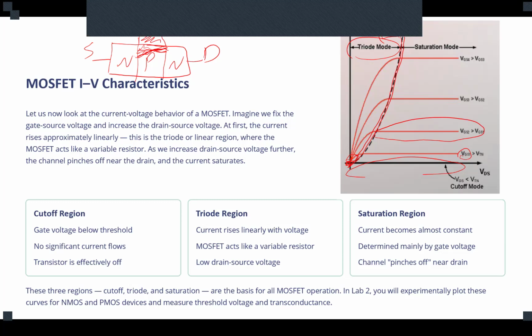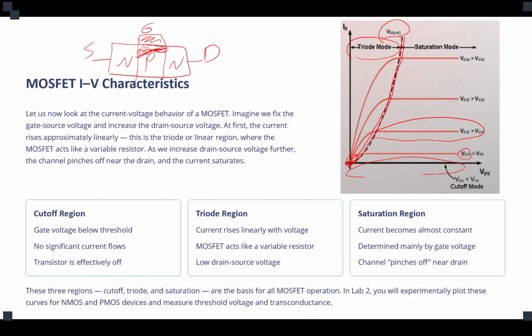Is that clear? Now, when you look at this IV characteristic curve, you can see that we don't have just one graph that relates the current and voltage. We have multiple graphs, distinguished by the level of the voltage between gate and source.